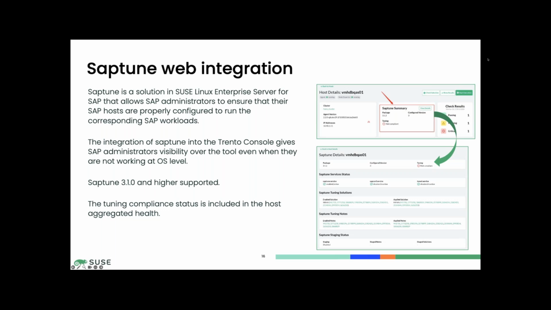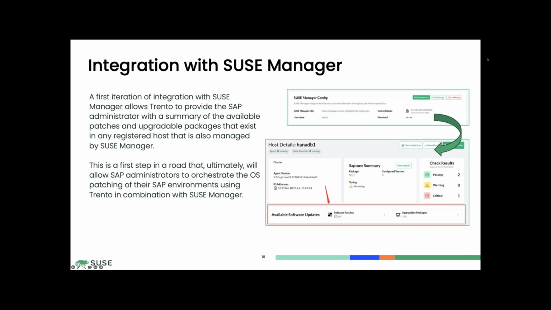And those are links. So for example, you applied note 1771256. If you click on that, it will actually take you to the SAP knowledge base and show you what that note is in detail. So we've integrated it recently with SAP Tune, and we've also integrated it with SUSE Manager.